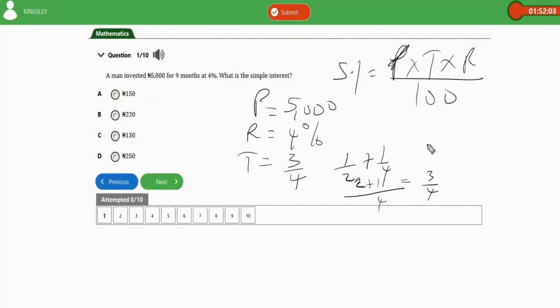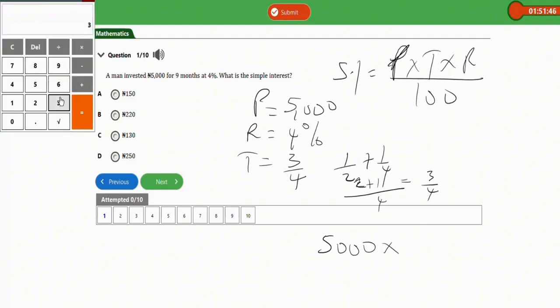At this juncture, you input the values into the formula. The principal is 5,000 naira times the time, which is 3 over 4. You can choose to convert it to a decimal to make it easy: 3 divided by 4 is 0.75.